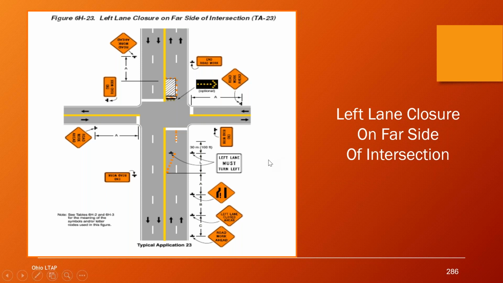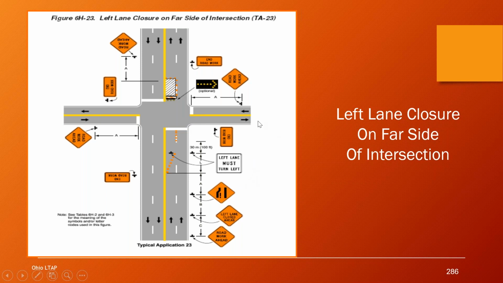Then they show another way to do it in typical application number 22, where they talk about a right lane closure on the far side of an intersection. Since it's an arterial street with high volumes, they're using an arrow panel here to get people over into the right lane as well.